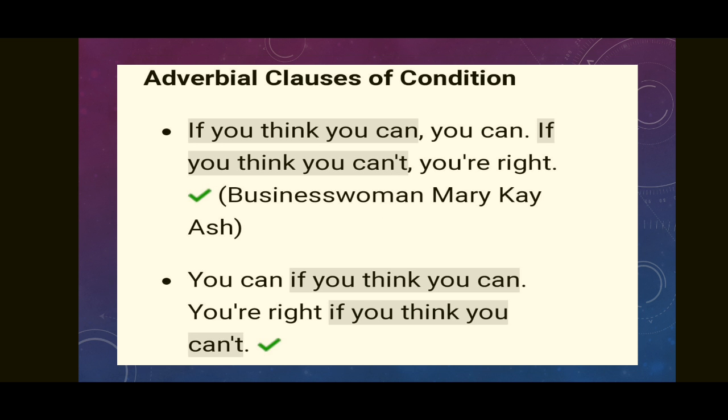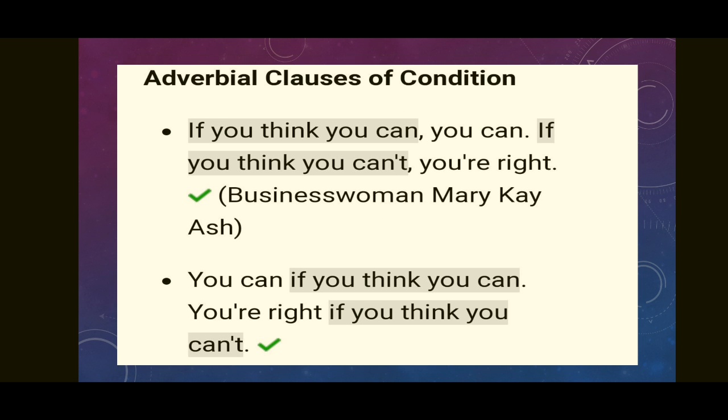Adverbial clause of condition. We use adverbial clause of condition to modify a verb in the main clause and to tell the condition under which an action takes place or something happens. If you think you can, you can. If you think you can't, you are right.